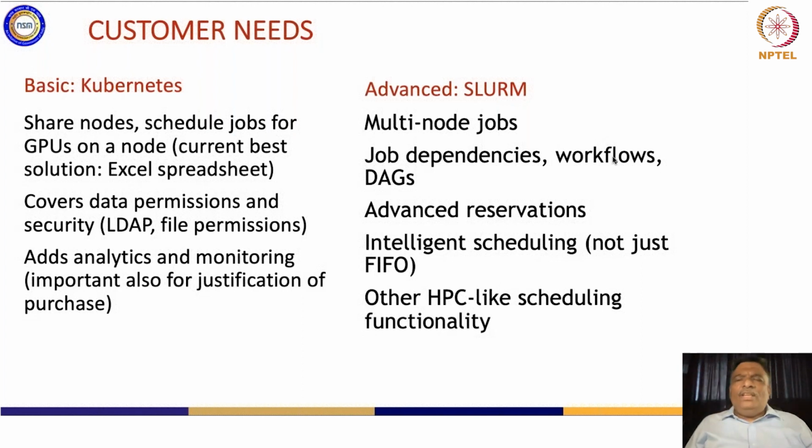This is what we will see today also. And then these advanced things like Slurm are for multi-node jobs. You have DAGs. We will discuss this in our future classes. What about reservation, ticketing, and then there is scheduling, and certain other functionality. So this is how it is a bit differentiated.